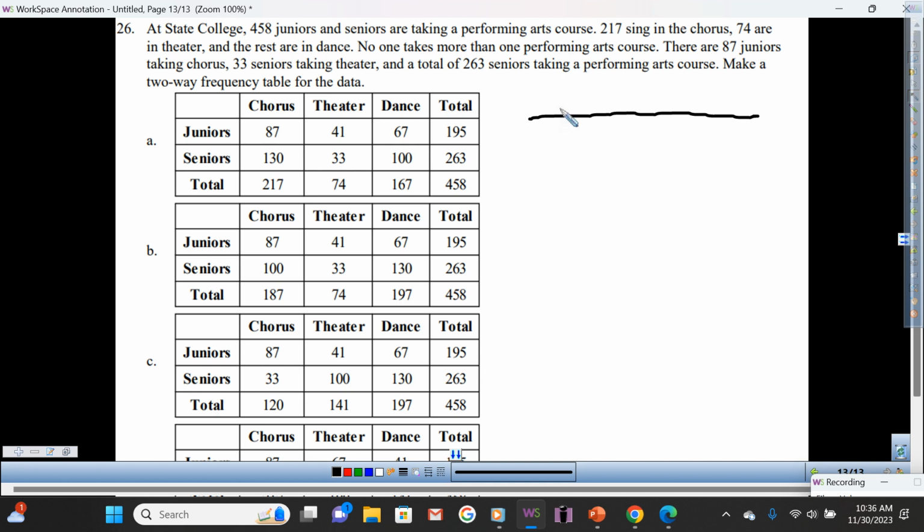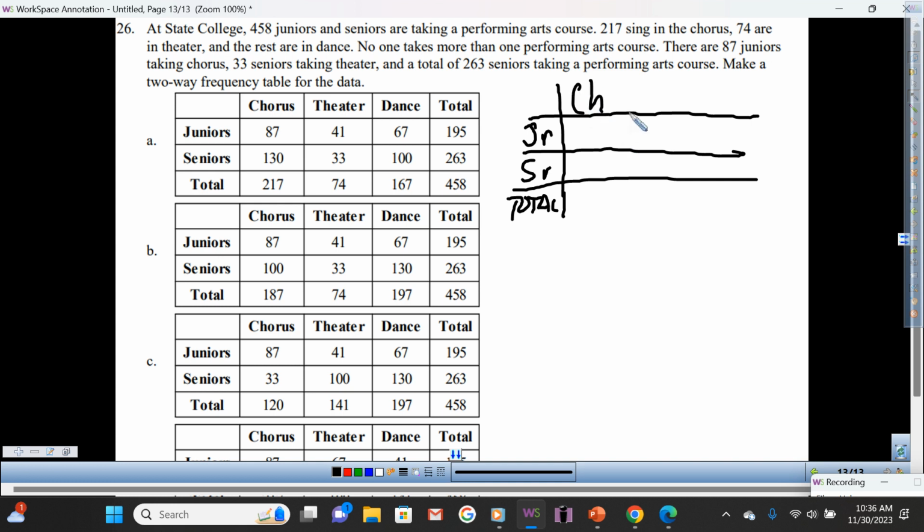Kind of like this: juniors, seniors, total. Column, chorus, CH, theater, TH, dance, and then total.